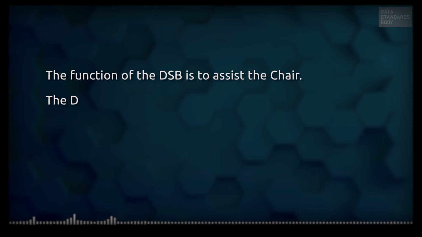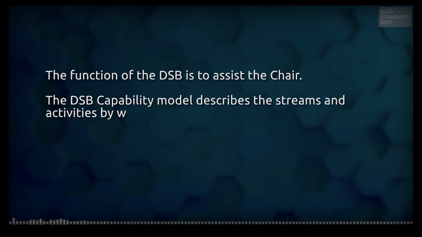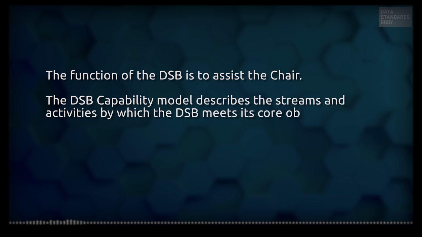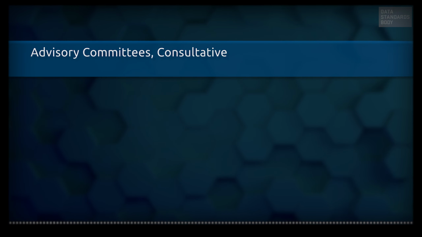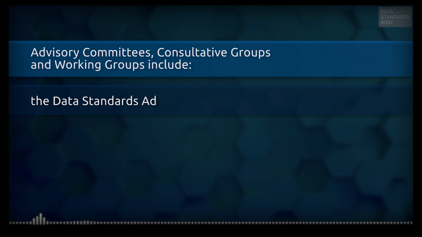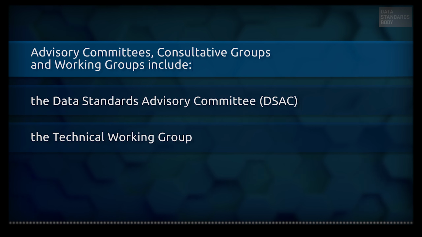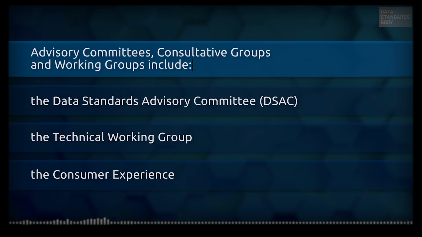The DSB capability model describes the streams and activities by which the DSB meets its core objectives. Advisory committees, consultative groups, and working groups include the Data Standards Advisory Committee, DSAC, the Technical Working Group, the Consumer Experience, CX, Working Group.